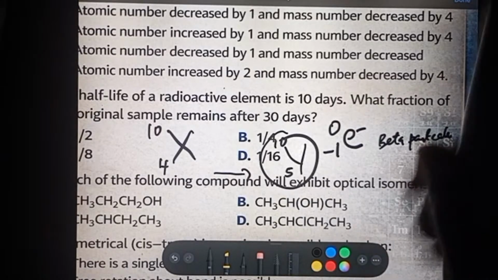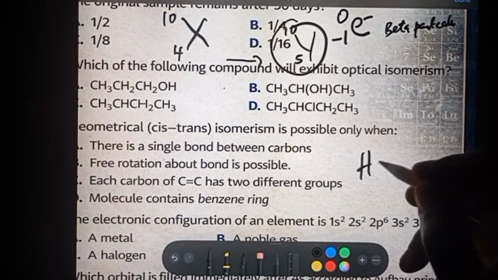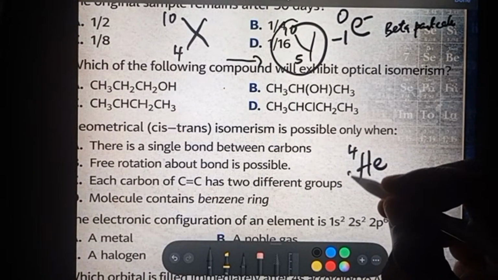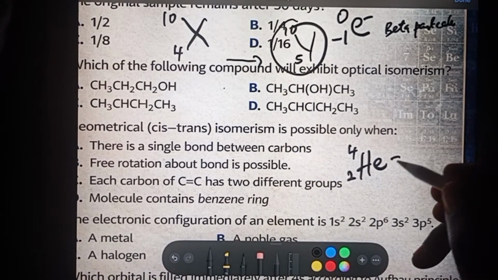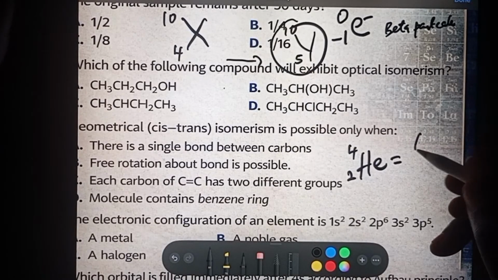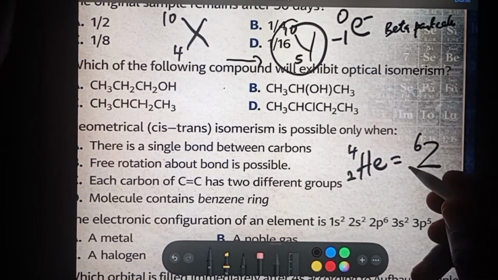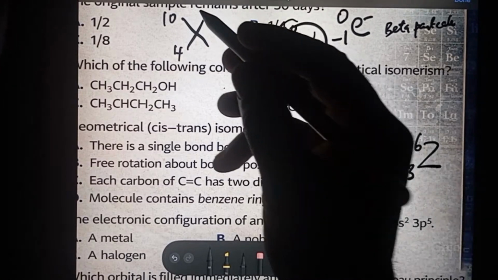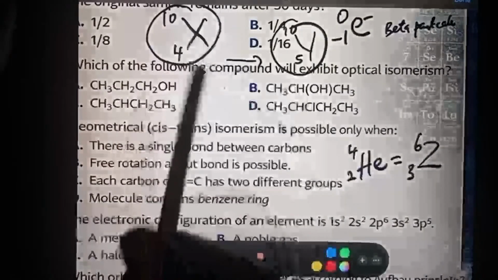When it becomes 5, it will now emit an alpha particle. An alpha particle is equivalent to a helium nucleus. So it is 5 now. If it emits this, we minus 4 from 10, it will remain 6, and we minus 2 from 5, it will remain 3. Remember, this is the original nuclide. So we will use this to answer that question.